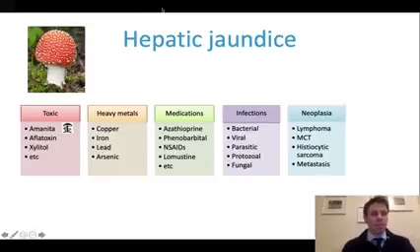Well, the liver is a very important organ at filtering and processing a lot of the body's blood, and so it is particularly susceptible to toxic challenge. And this might include ingestion of your amanita mushrooms, look like Super Mario, aflatoxins or xylitol, chewing gums.